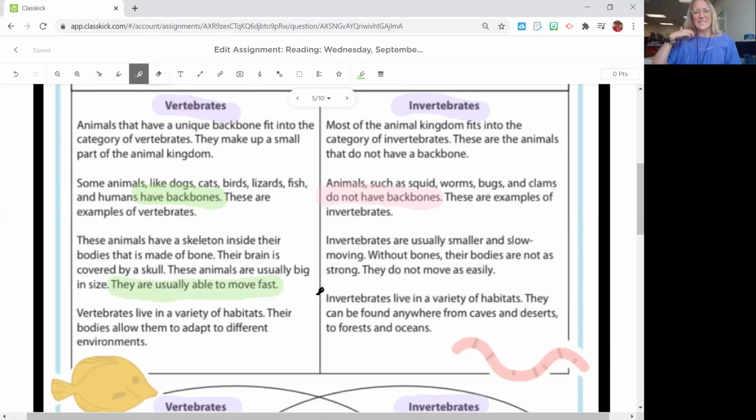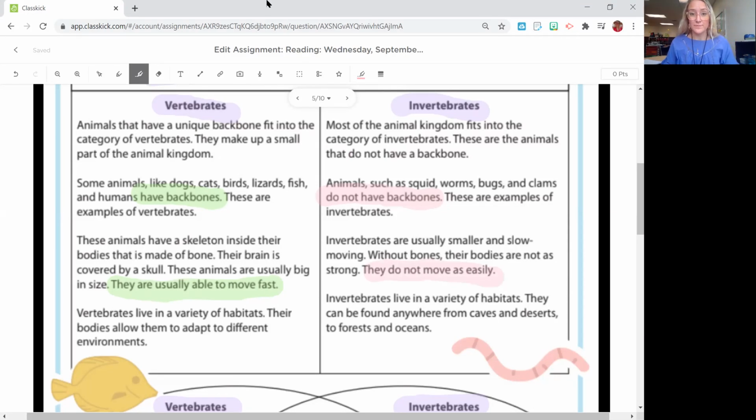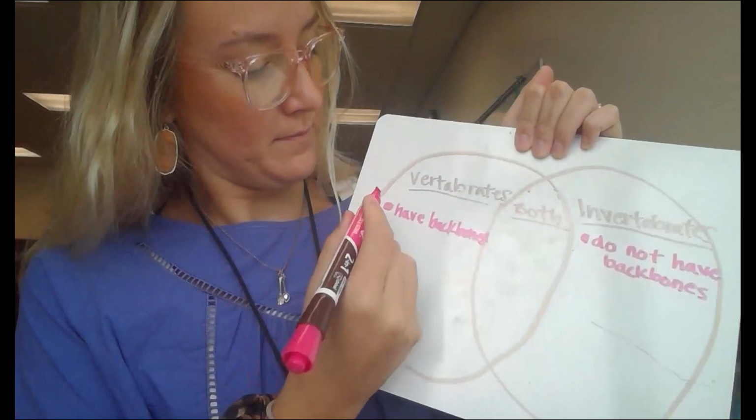Now, why is that different than an invertebrate, sorry. Invertebrates do not move as easily. They move much slower. So now we're going to go back to our Venn diagram and add those contrasting points.